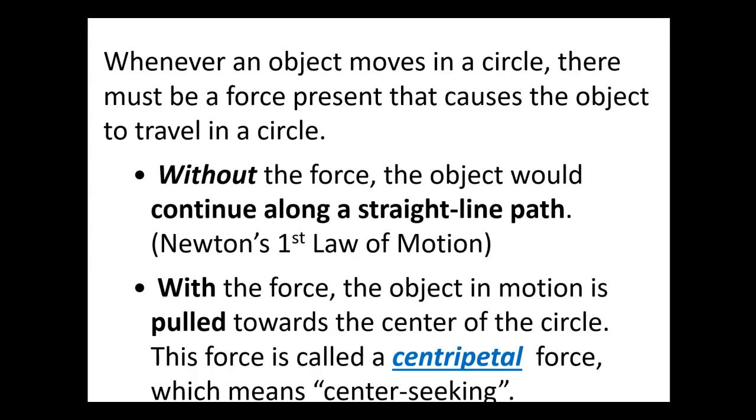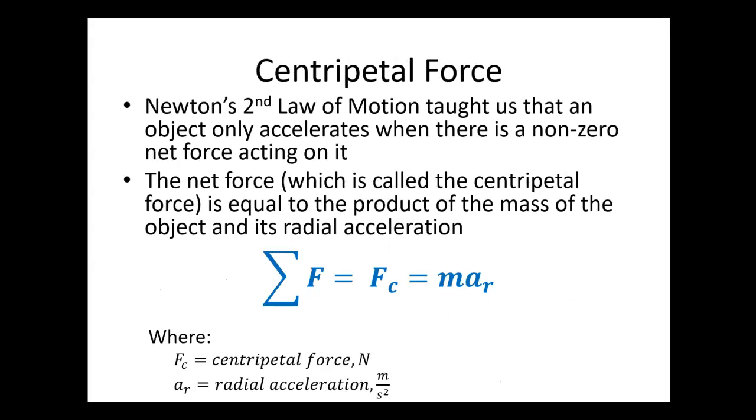That word centripetal means center seeking, so the centripetal force points toward the center of the circle. That centripetal force is equal to the product of the mass of the object and its radial acceleration.